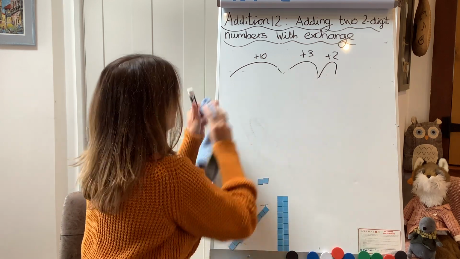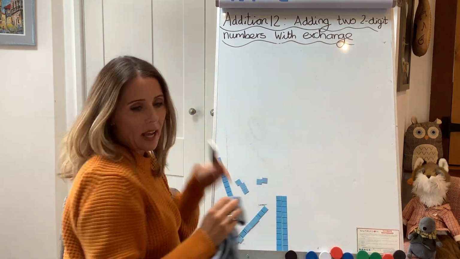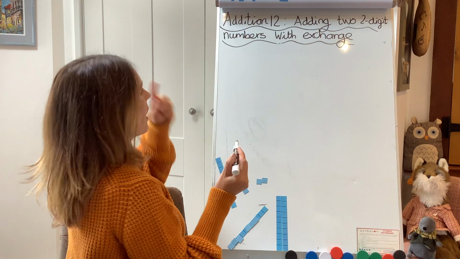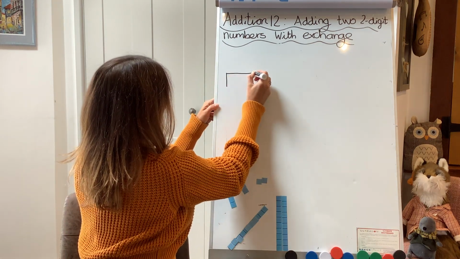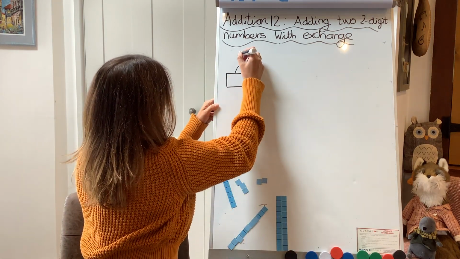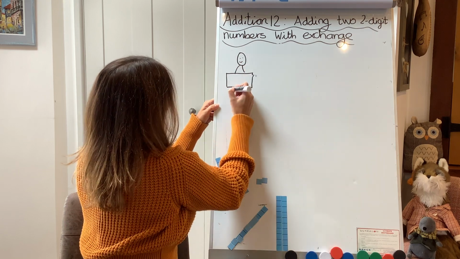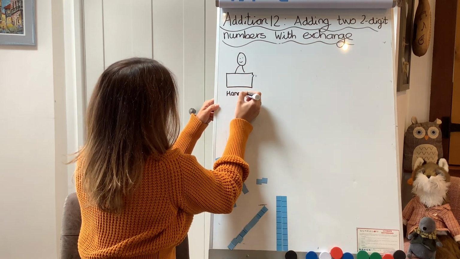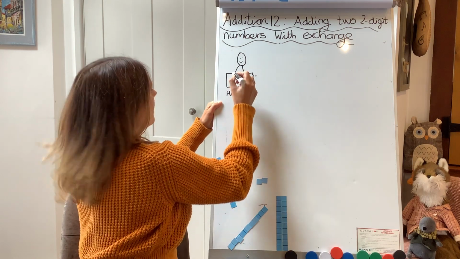We're going to have a practice at doing some of these now. Okay, we've got a game show and we've got 4 contestants in the game show. We've got Hannah. Hannah has scored 34.